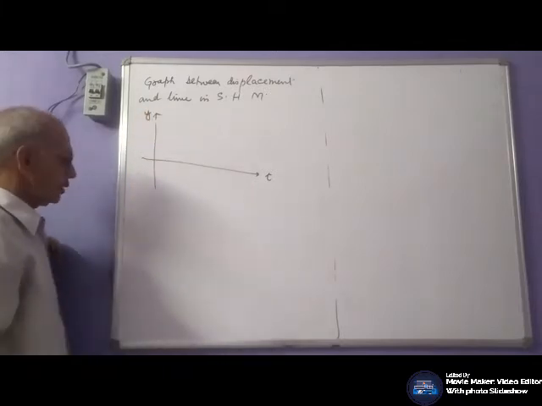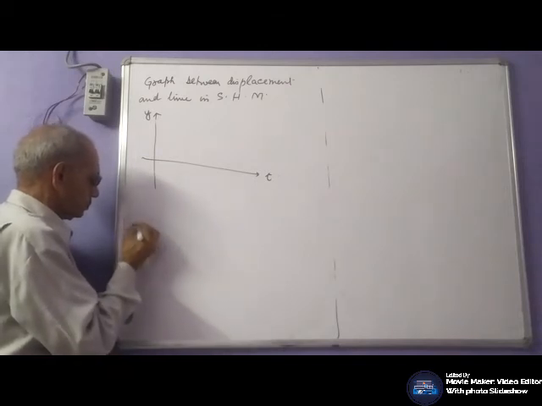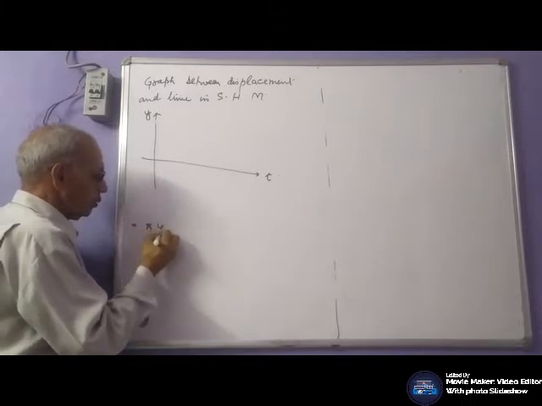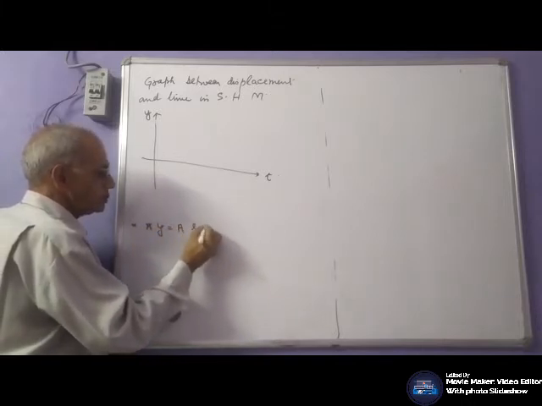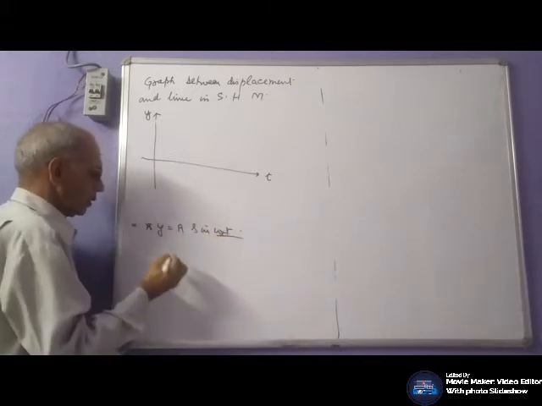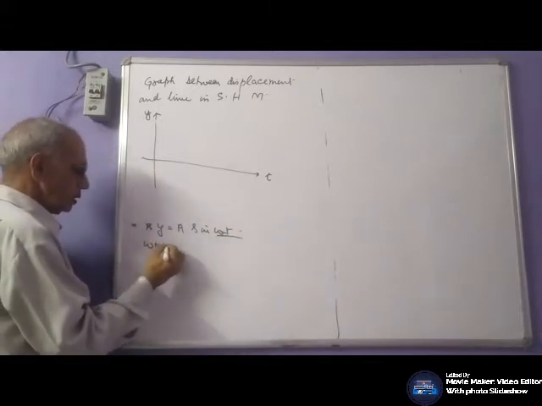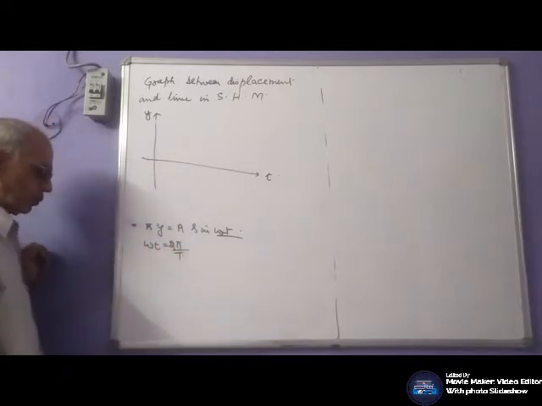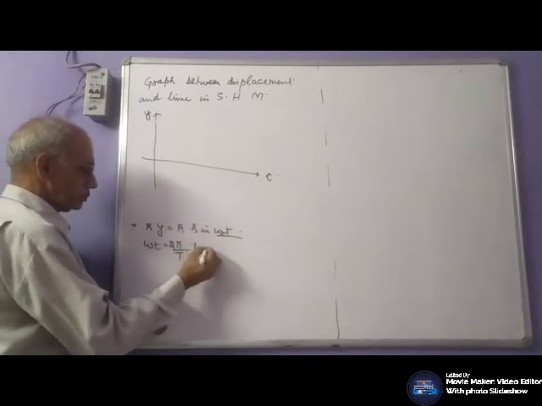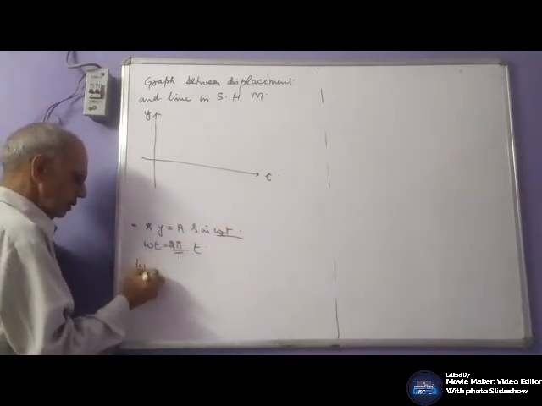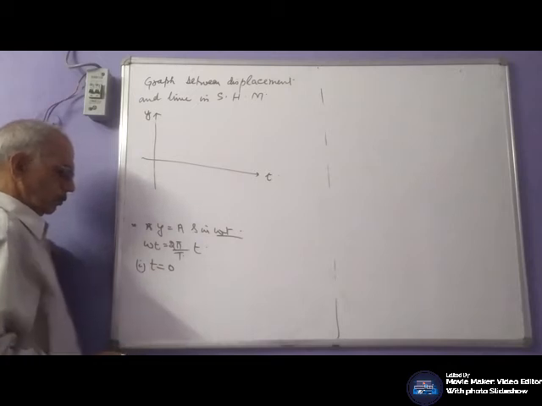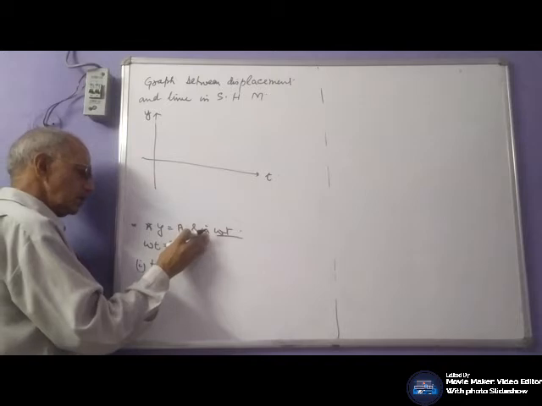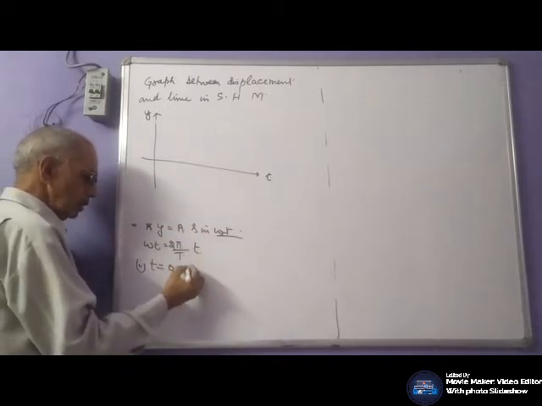This is the direction of displacement. Y was A sine omega t. The omega t is omega, 2 pi by T or 2 pi nu. If t is 0, sine 0 is 0, 0 into A is 0, y is 0.